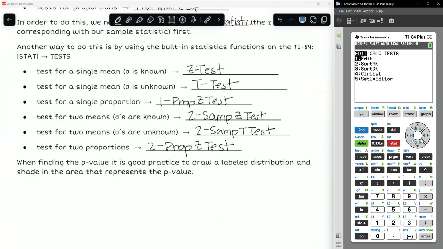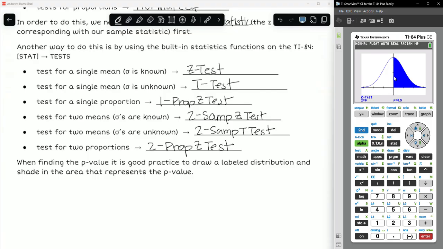If I go back to ZTest and run it again with that same data, and I go to draw instead, it's going to draw and shade the distribution for me. It shows me where my test statistic sits. My sample is sitting right here at 0, and it spits out that p-value of about 0.5.